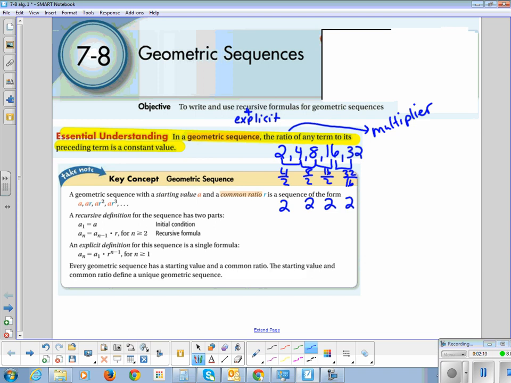And I consider that common ratio a multiplier. Because each time, 2 times 2 is 4, 4 times 2 is 8, 8 times 2 is 16. It's what I multiply by every time. We are calling it the common ratio here.